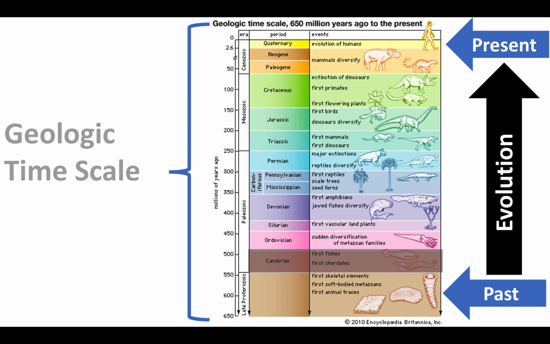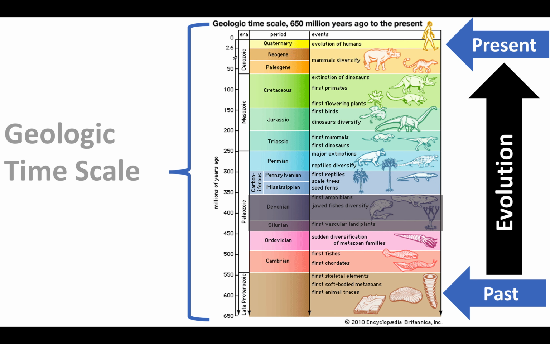In this time period called the Cambrian, you had the first fishes that formed in the water, so life did start in the oceans. Over time, during the time period called the Silurian, you got the first land plants. Then eventually you got the first amphibians.